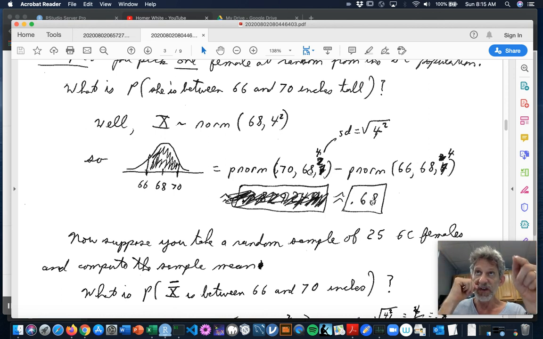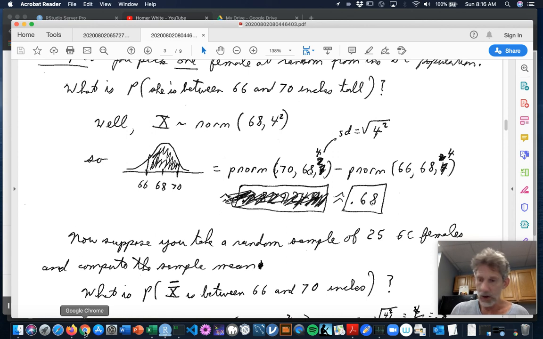So that's from 64 to 72. So this chance here better not be 68%. It better be something smaller. So let me go and do these computations again, because I think when I corrected some typos, I did it wrong. Let's just head to R and let's get the right answer.